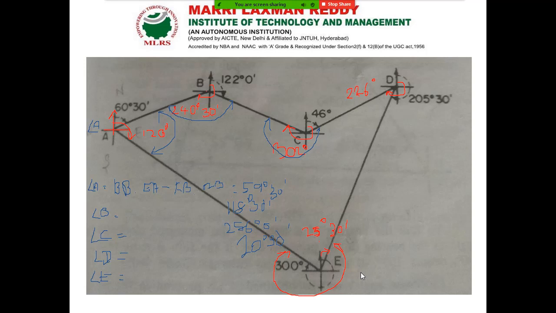So 360 degree minus 300 degree minus 25 degree 30 minutes.